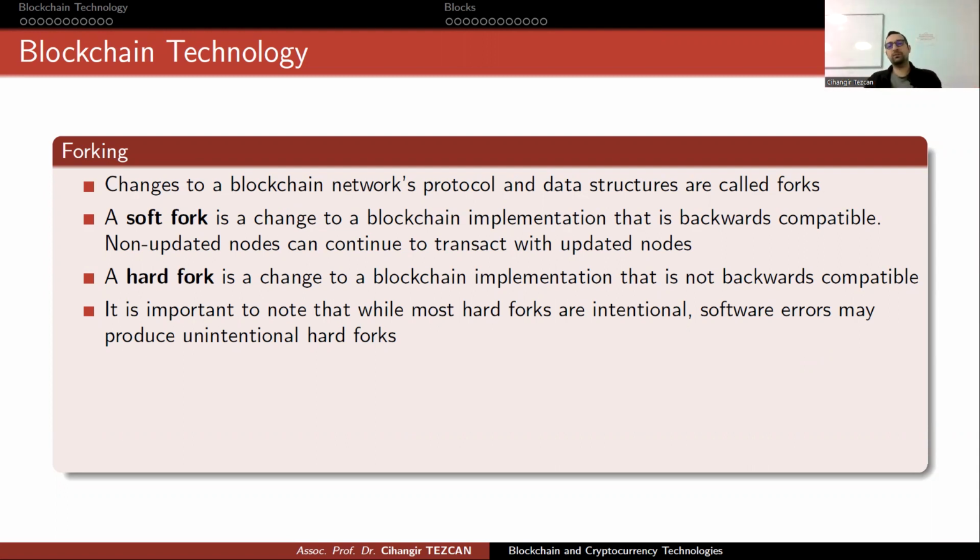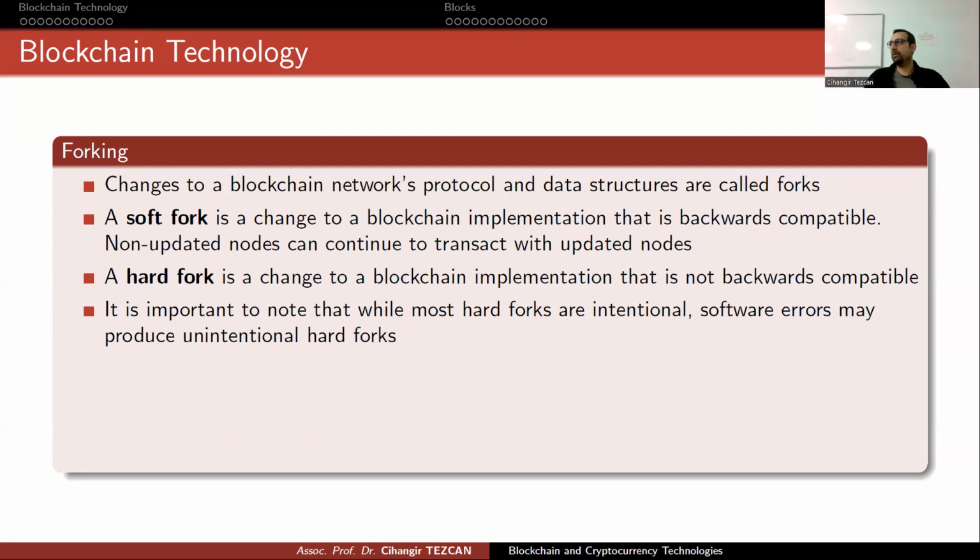This happens mostly in smart contracts because with a smart contract, people write their own software. So a smart contract running on every different software should give you the same output. But if you make an implementation error in your software, a smart contract may work on some nodes in a different way. And this happened in the past.